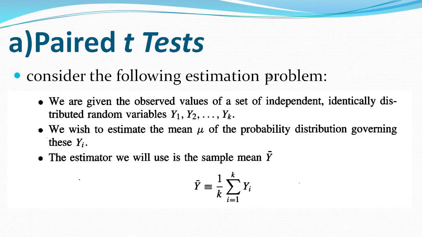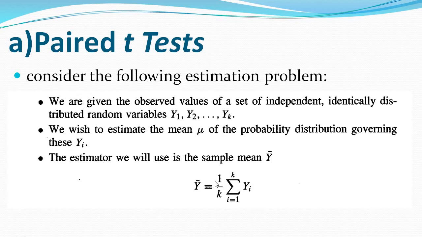Consider the following estimation problem. Here we are going to estimate. We are given the observed values of a set of independently and identically distributed random variables, represented by y1 to yk. Here we are taking k different sets. To find the estimate, the mean value is mu, and we consider the probability distribution over y_i.